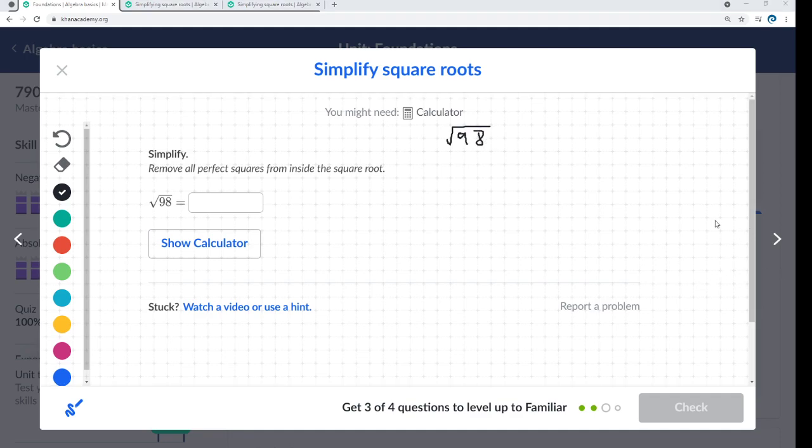Hit it with the 2. 98 divided by 2 is going to be 49. So put the 2 here, 49 here. And I'm pretty sure 49 divided by 2 is going to be sad. It is. It's 24.5. So we got to move up to 3s.